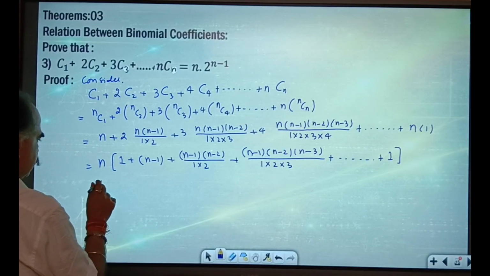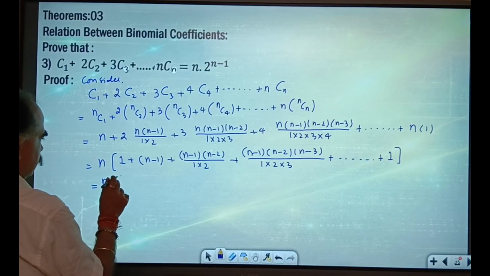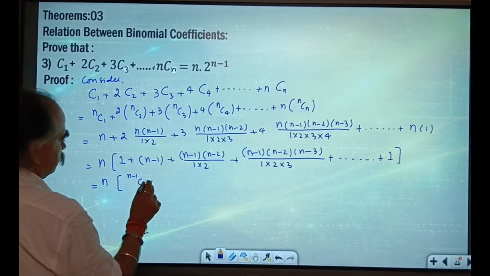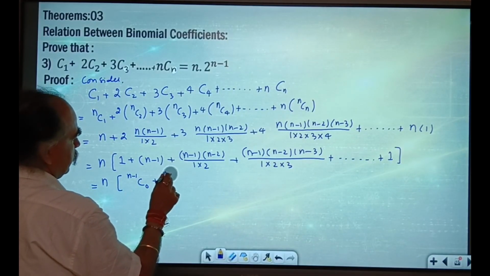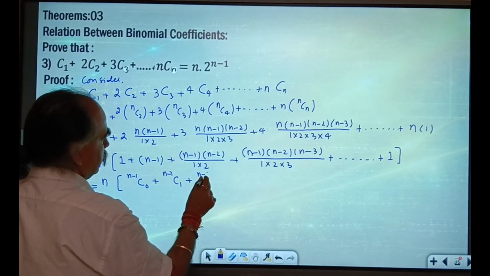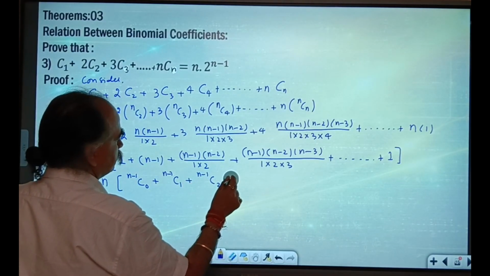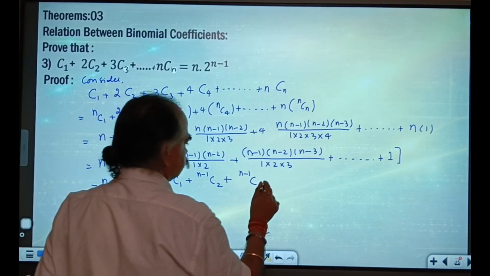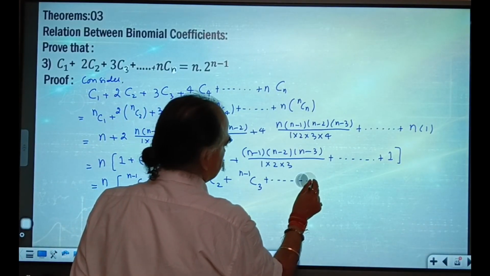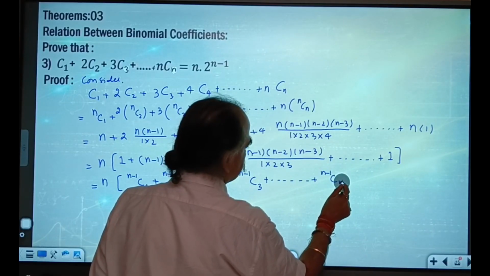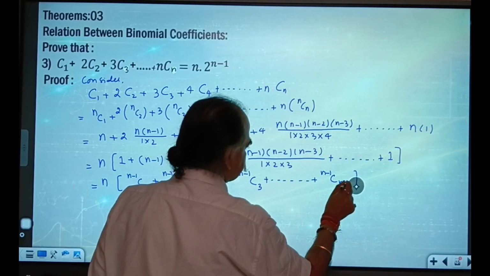And this is nothing but n minus 1 C0, n minus 1 C1, n minus 1 C2, n minus 1 C3, and the last one is what? n minus 1 C n minus 1.